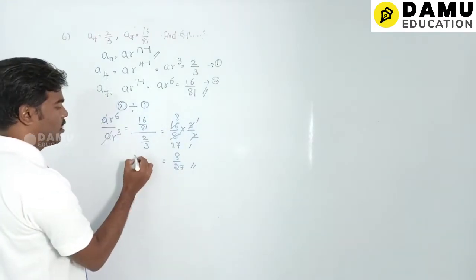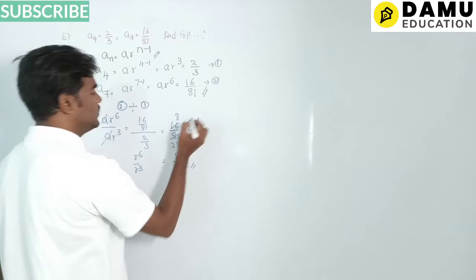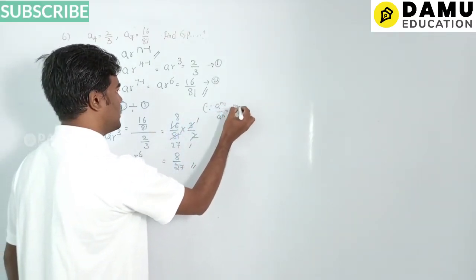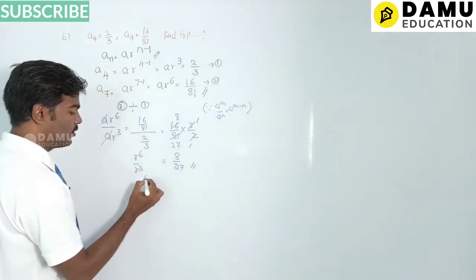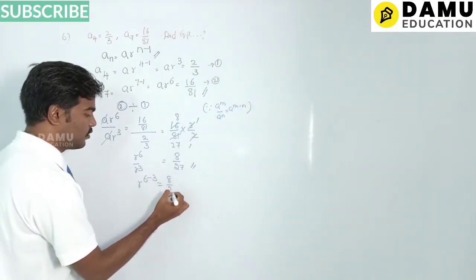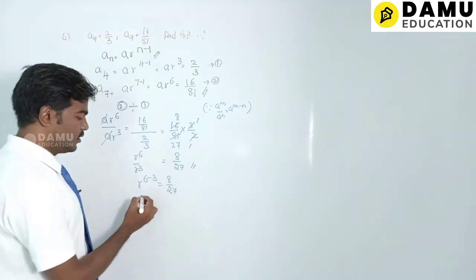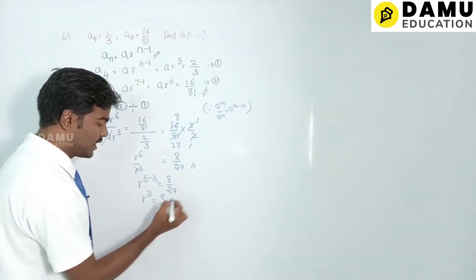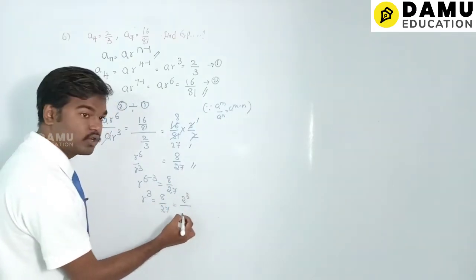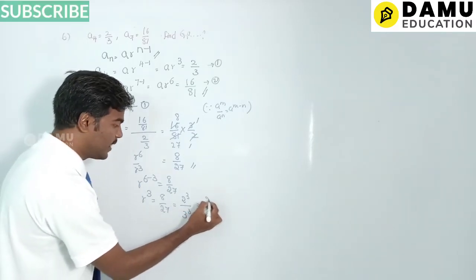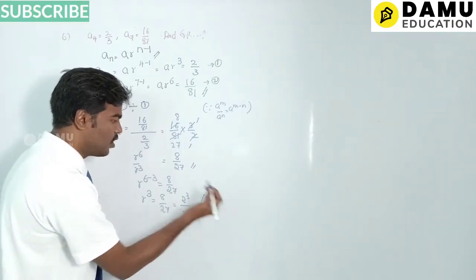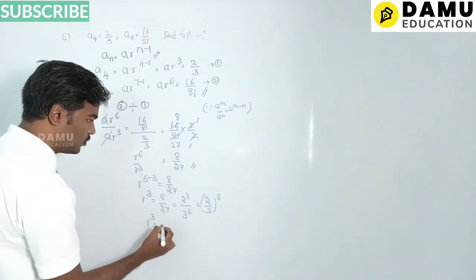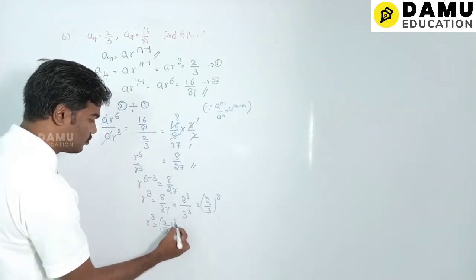A will cancel, leaving r power 6 by r cube. The formula we are using here is a power m by a power n equals a power m minus n. So r power 6 minus 3 will be equal to 8 by 27. So r cube will be equal to 8 by 27. 8 can be written as 2 cube, and 27 as 3 cube, so r cube equals 2 by 3 whole cube.